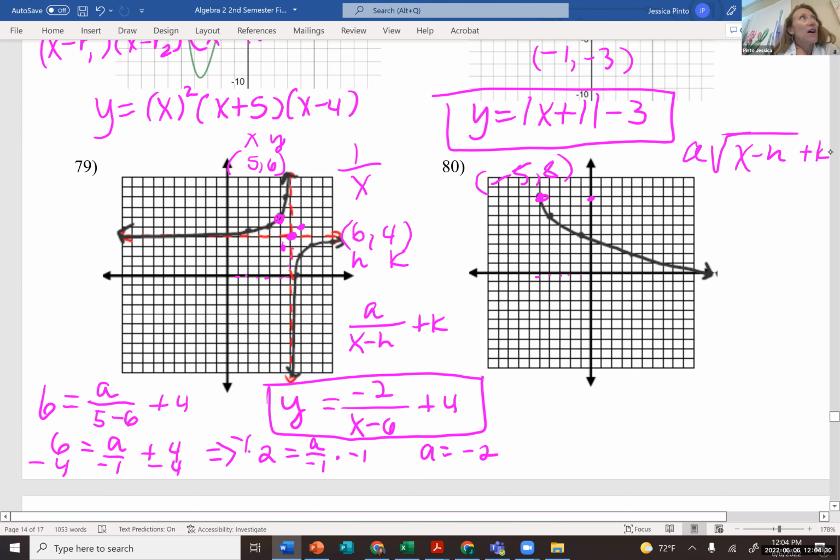Now this a value, I can actually tell by looking at it. With an a value of 1, we go up 1 and over 1. But here we've gone down 2 and over 1. So what does that mean our a value is? Negative what? -2. So I'm going to have -2 times the square root of x plus 5, plus 8 as my final answer.